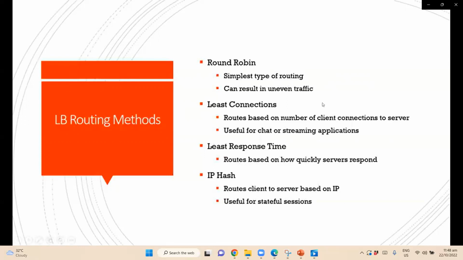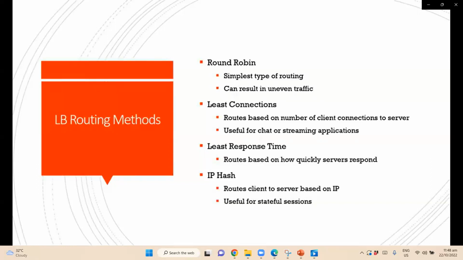Second is least connections. If you have an app that is doing chat or streaming applications where your users are staying persistently connected to the server, this is a way to make sure that none of the servers get too many connections. The load balancer will communicate back and forth with the servers and keep track of how many connections each is currently serving, and it will route to whatever server has the least at this moment.